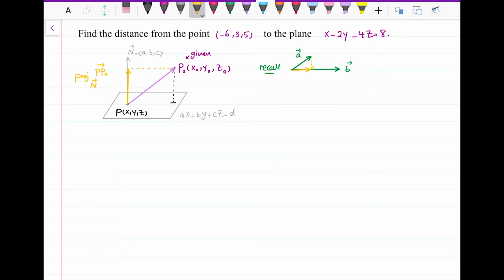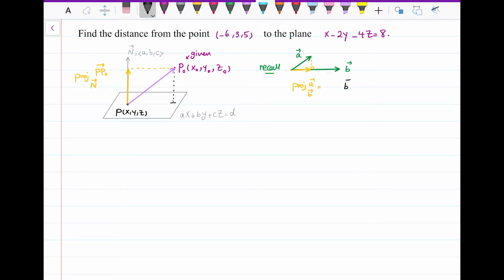This vector is called the projection. So the projection of a on the vector b is a scalar times b, because the projection vector is in the direction of b.